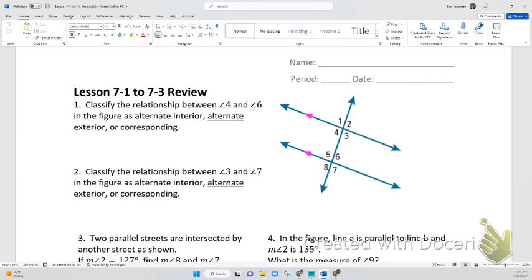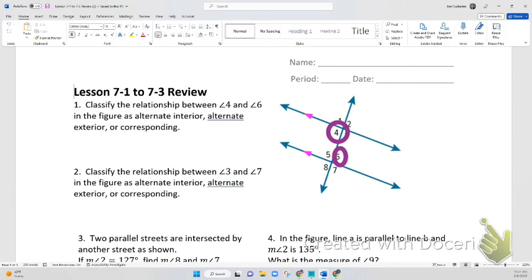It says, classify the relationship between 4 and 6 as either alternate interior, alternate exterior, or corresponding. So step 1, I would suggest that you circle 4 and 6 so you know which two you're talking about. 4 is here, 6 is here, okay? So, again, I told you guys that when we were doing these, you eliminate the ones that cannot be true.